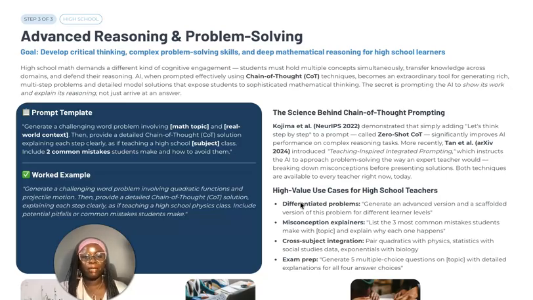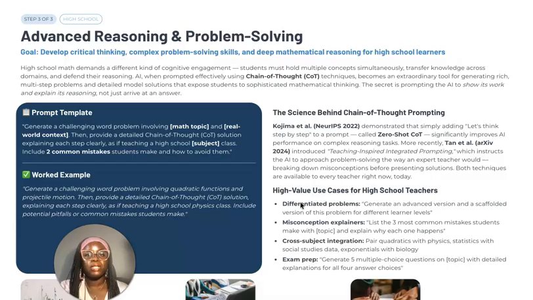Because high school math demands a different kind of cognitive engagement. The reason is, by this time, students must hold multiple concepts simultaneously. They should be able to transfer knowledge across domains and defend their reasoning.